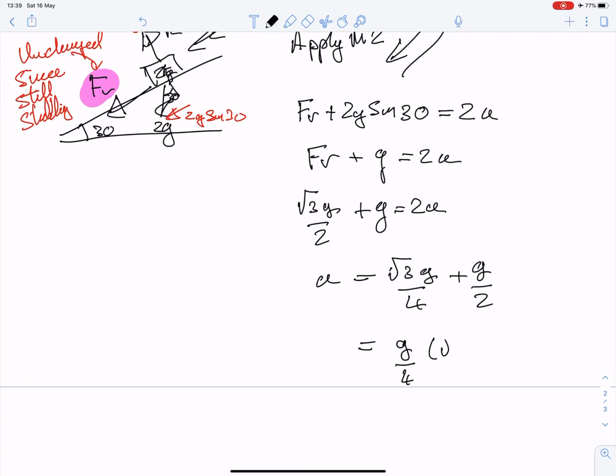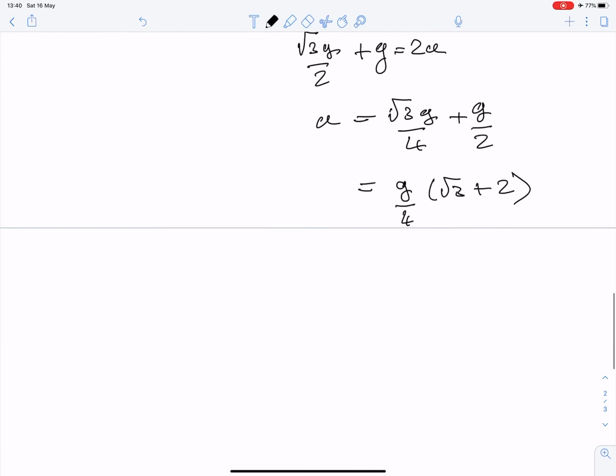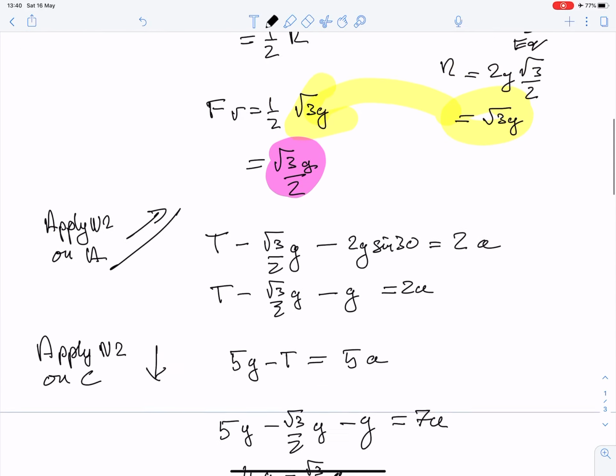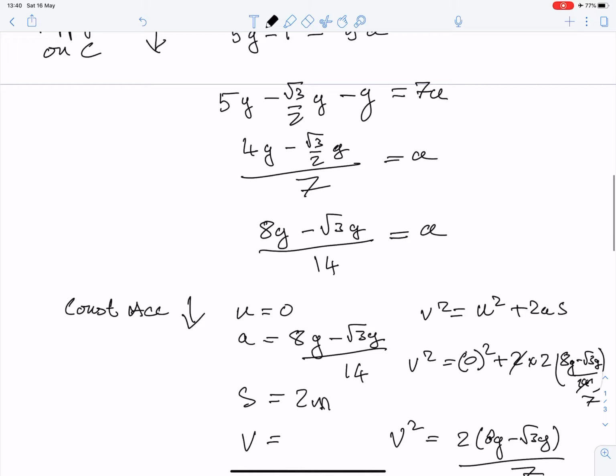So we've got friction plus 2g sine 30. Anything else acting down the plane? No. So that equals m, which is 2, times a. 2g sine 30 is g. So friction plus g equals 2a.